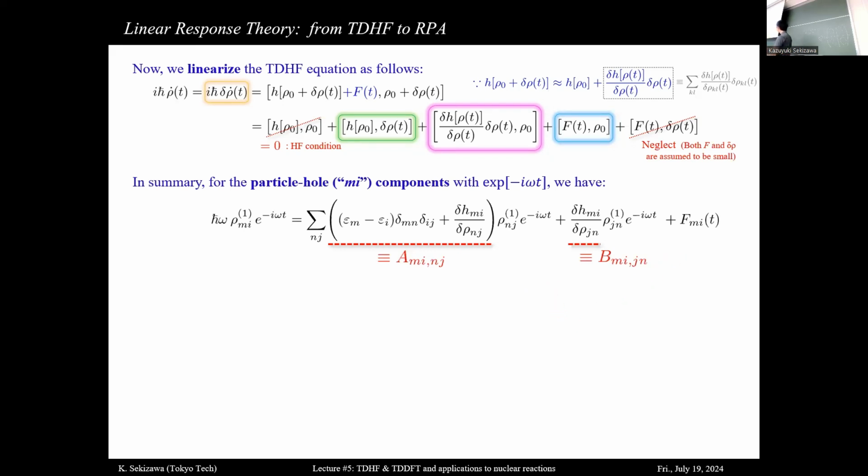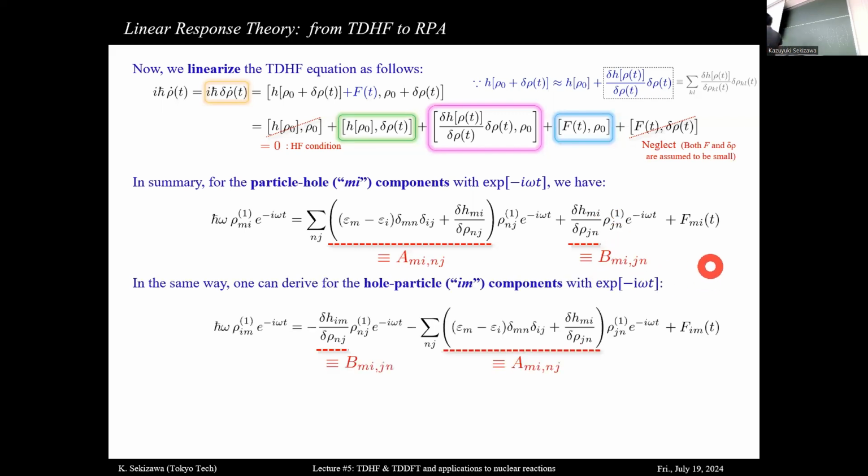I just put those terms that we derived, and you can see correspondence between this equation and the RPA. So if we write down this term as an A matrix here, and this term as a B matrix, then we can derive the similar equation for the hole-particle components. We can repeat in the same way, and you can get this equation.